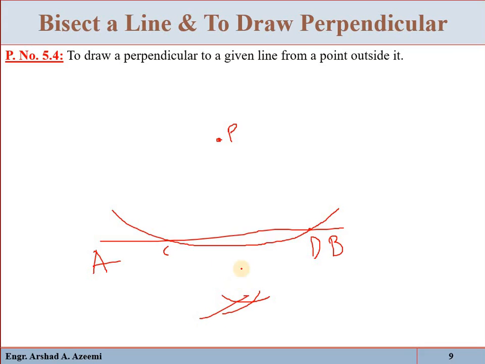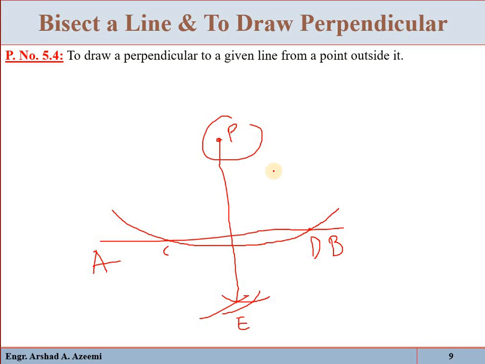Now join these two points. This line, PE, will be perpendicular to AB. So we have drawn a line perpendicular to AB passing through a point outside the line.